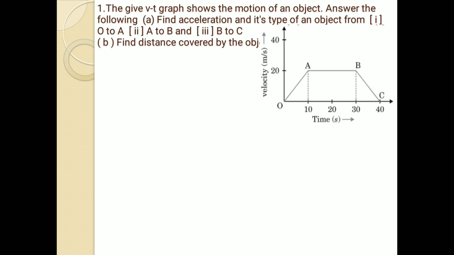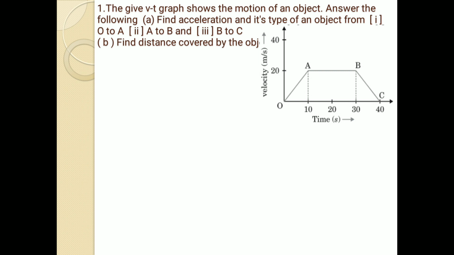Second question: find the distance covered by the object. How do we find the distance covered by the object in a velocity time graph? While explaining the velocity time graph, I explained that if you find the area covered by the object, it gives the distance covered by the object.